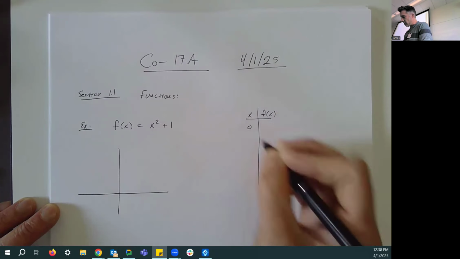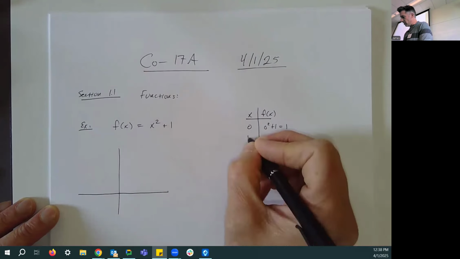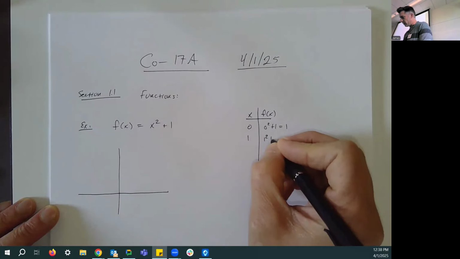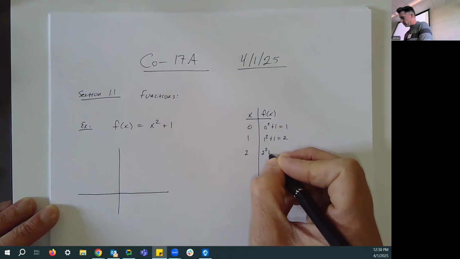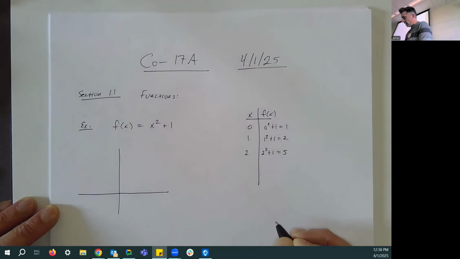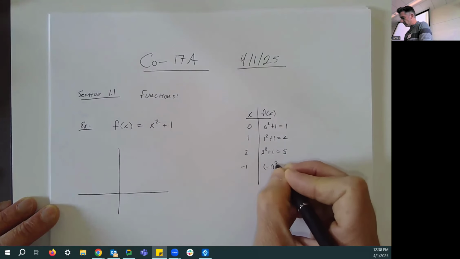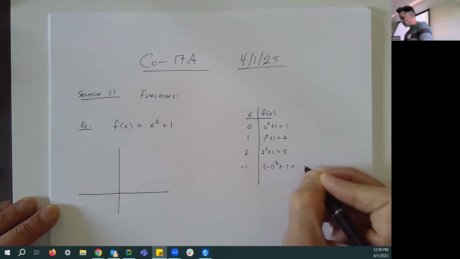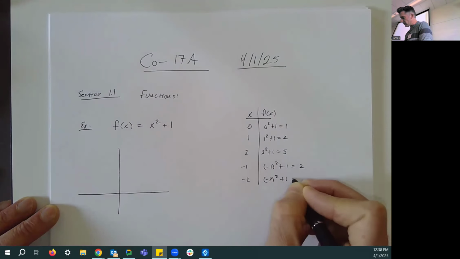If x is 0, f(x) is going to be 0² + 1. If x is 1, f(x) is 1² + 1. If x is 2, f(x) is 2² + 1. And we could go negative as well. If x is -1, f(x) is (-1)² + 1, which is also 2. And -2 gives (-2)² + 1, which is 5.